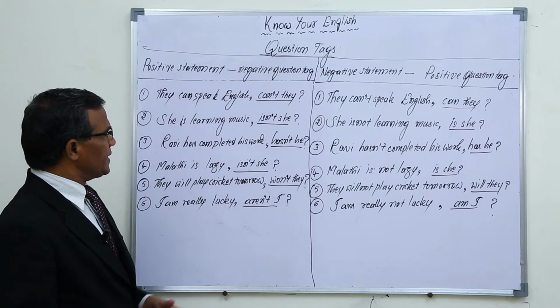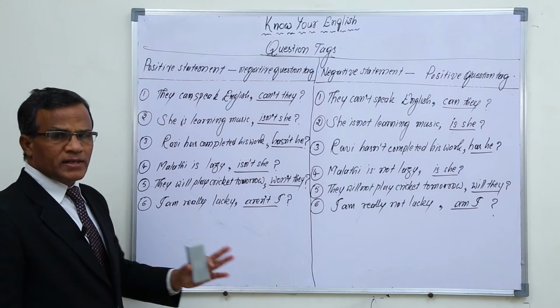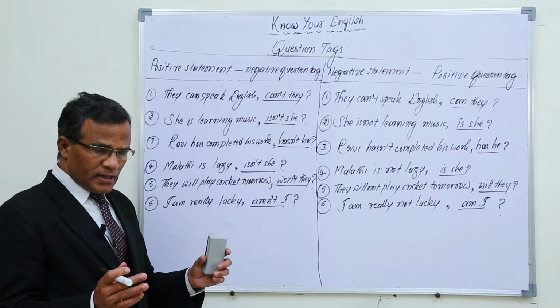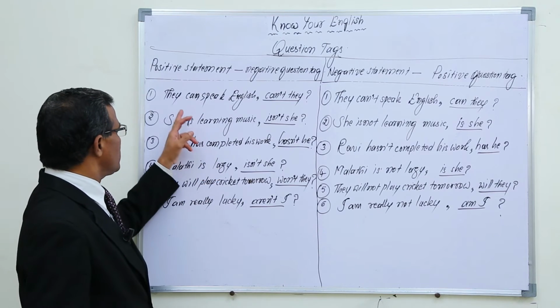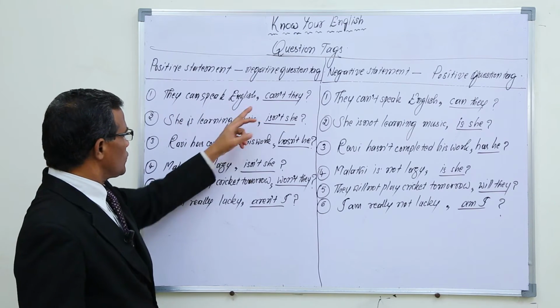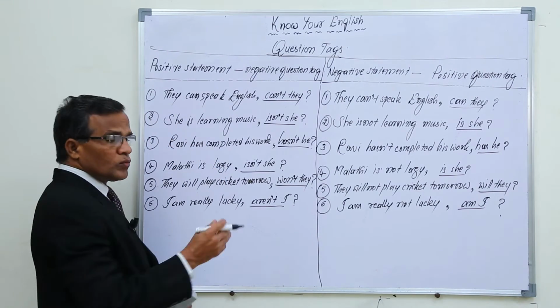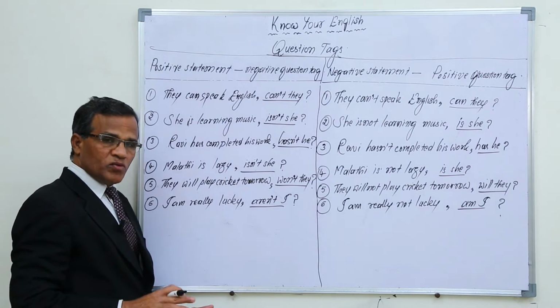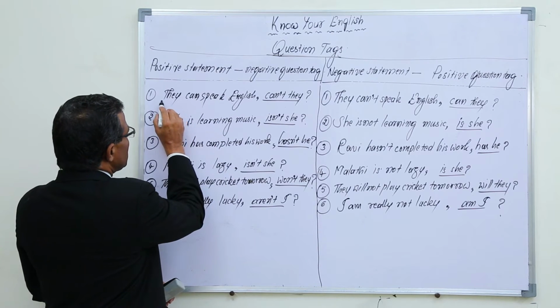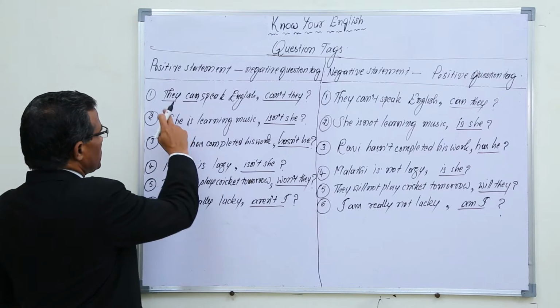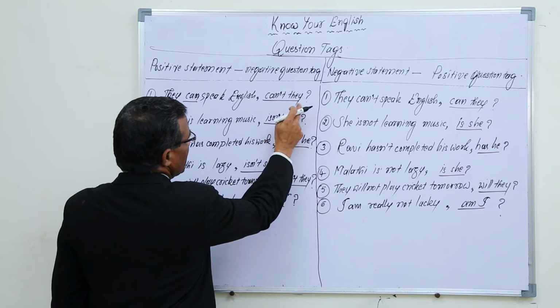A question tag is very close to a yes or no type question. We have already learned yes or no type questions. Simply we change the order of subject and helping verb or be form. So they can changes to can they.